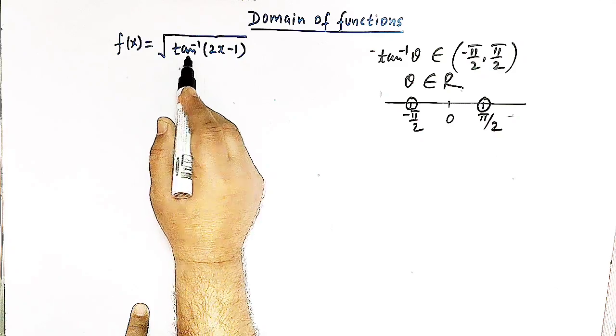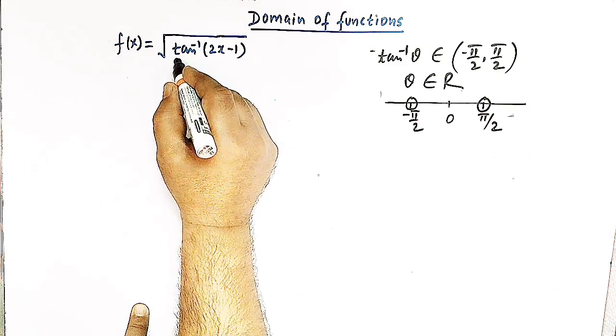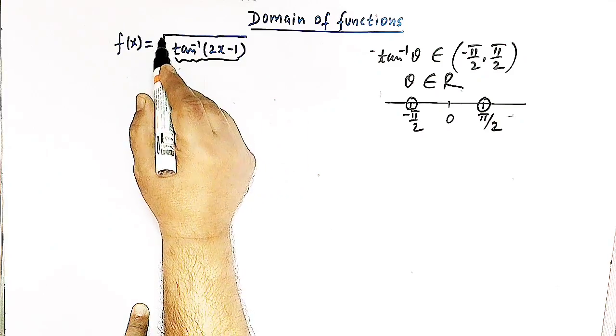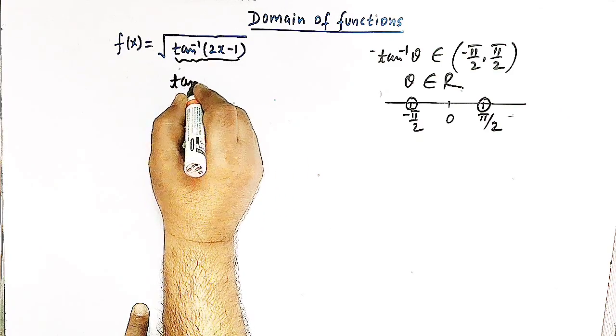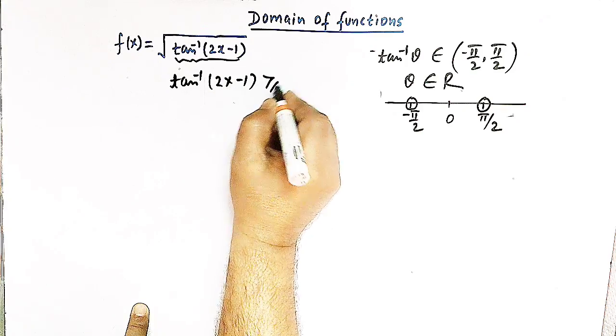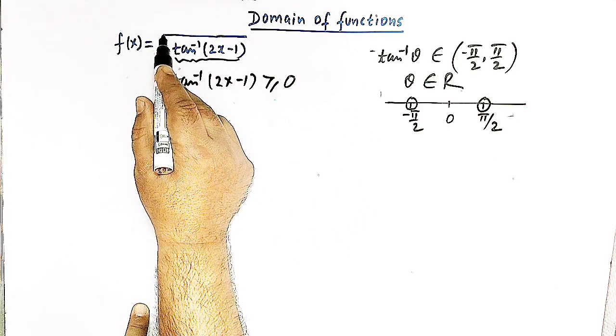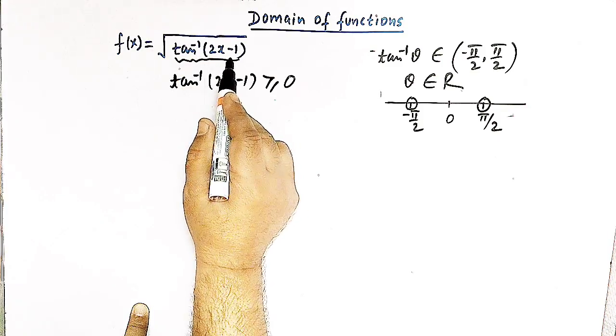To start with, this function f of x is defined if the quantity inside the square root sign is greater than or equal to 0, because under the square root sign we cannot have a negative number.